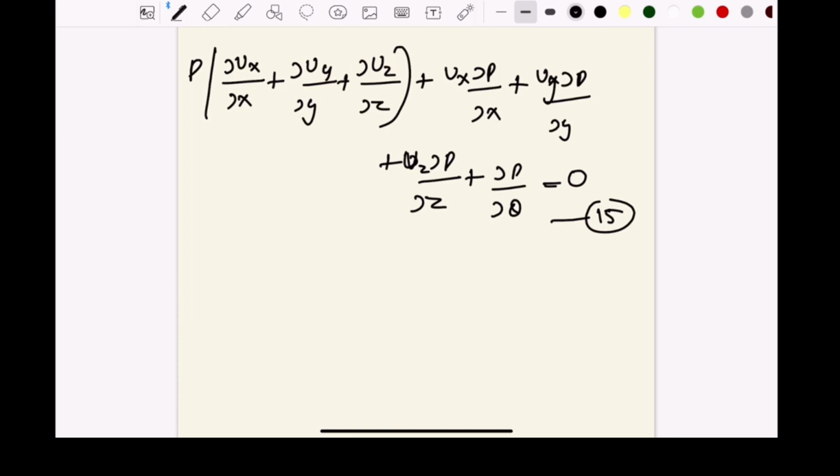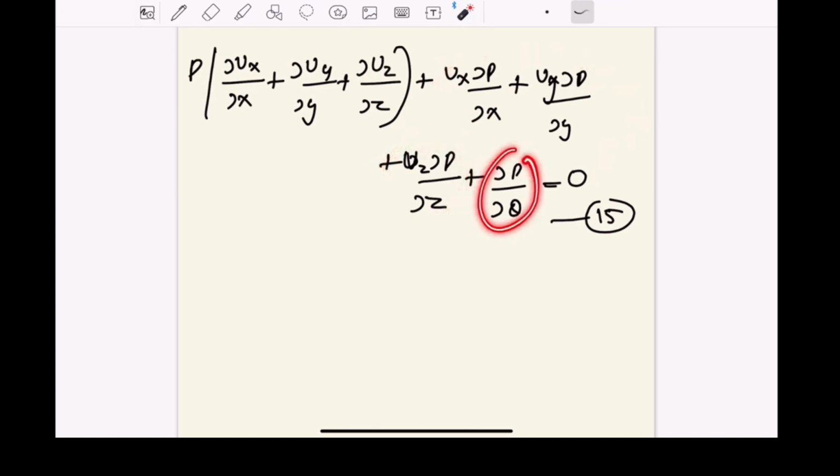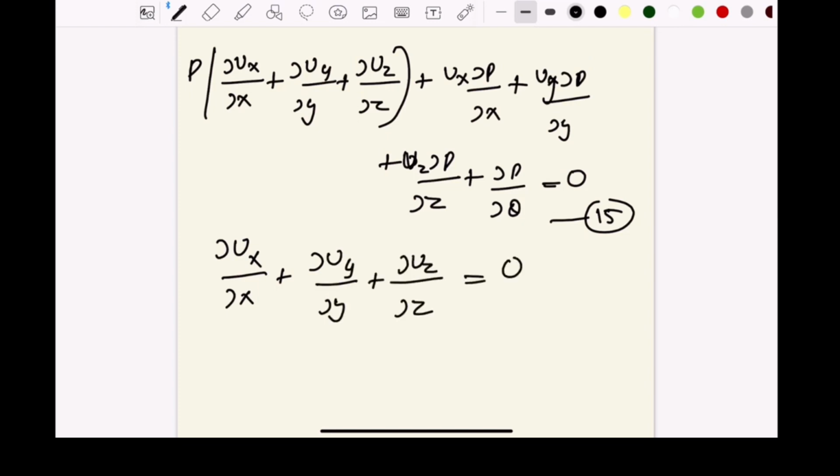So if solution density is constant, all derivatives of density with respect to all variables become 0. It implies that for a solution of constant density, ∂ux/∂x + ∂uy/∂y + ∂uz/∂z is equal to 0.